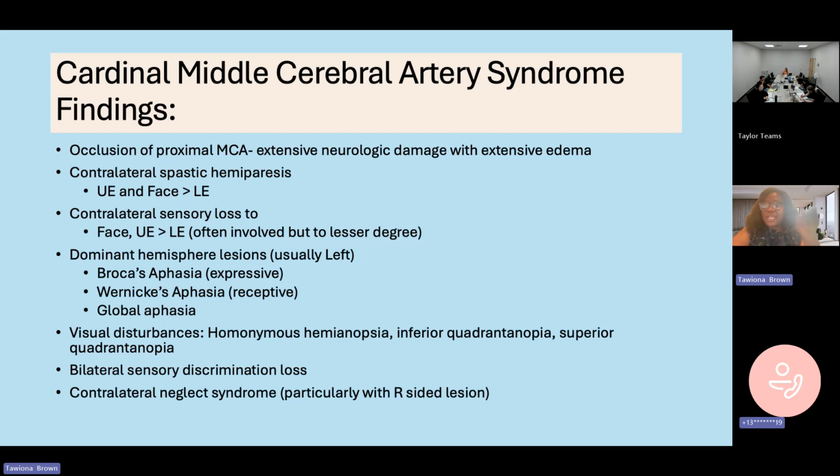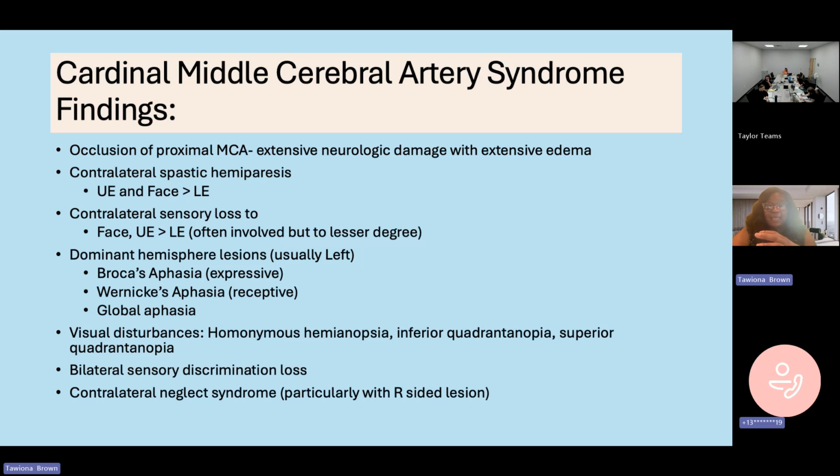And the patient more than likely is going to develop some spasticity and have what I call a synergistic pattern. You're going to see a contralateral sensory loss, probably still primarily along the face and the upper extremity, and to the lower extremities only to a lesser degree.